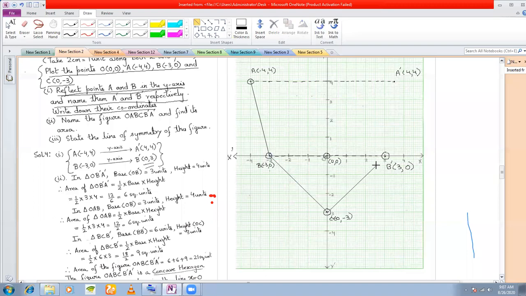Next you join this. And you join, what is the figure? OAB. So this is my point O, this is my point A. We join this also.